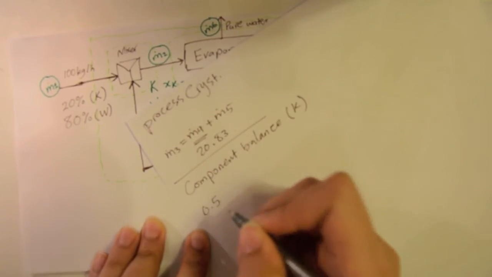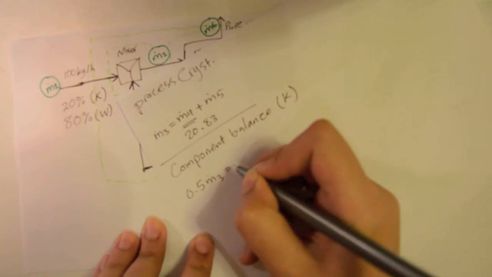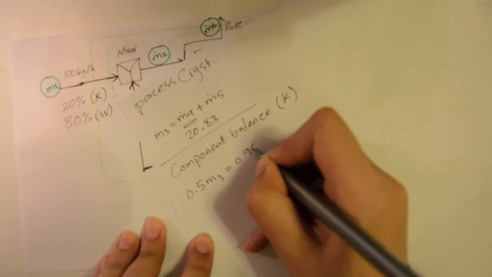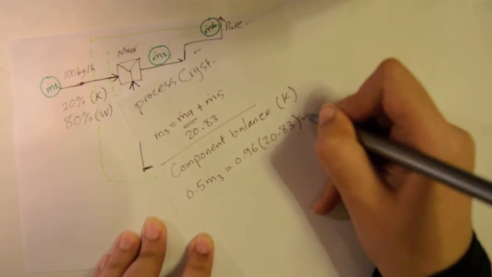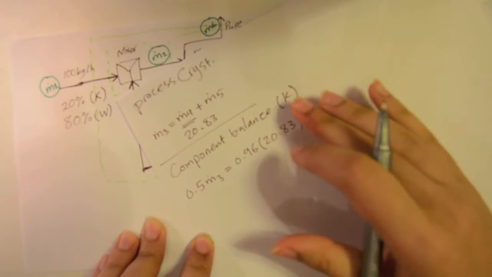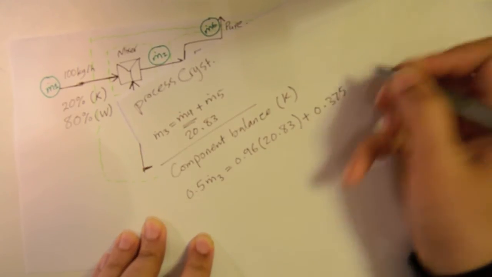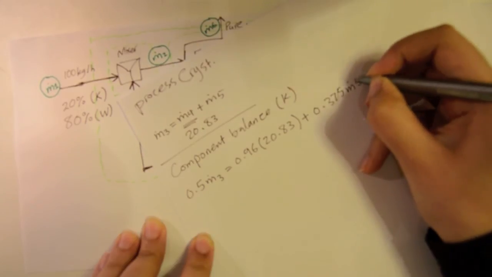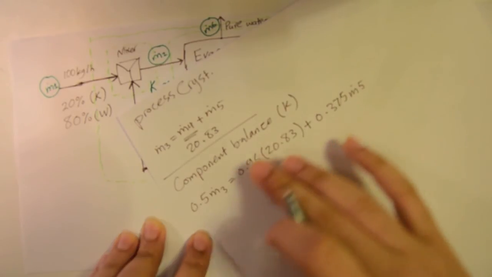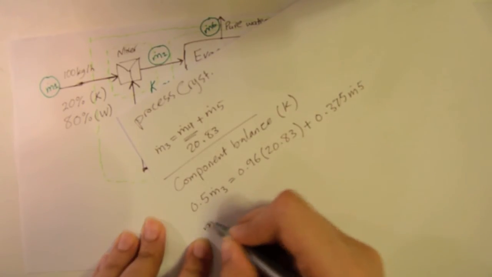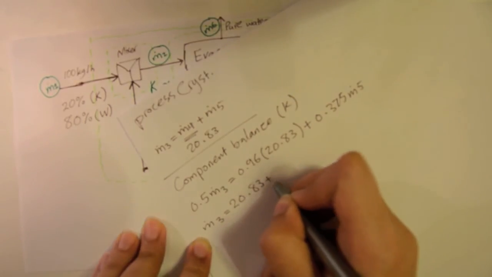So 0.5 multiplying by M3 equals 0.96 multiplying by M4, which is 20.83, plus in M5, we know that the composition of K is 0.375, of course, multiplying by M5. From this equation, substitute M3. It's like M3 equals 20.83 plus M5.